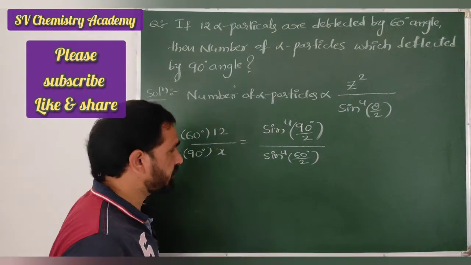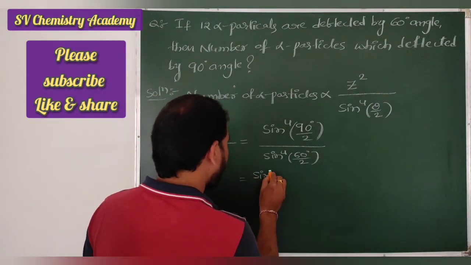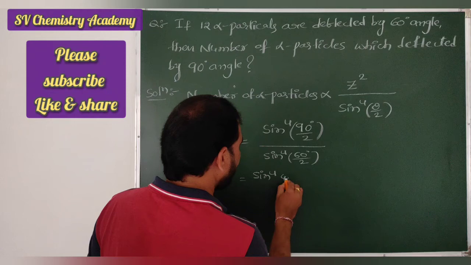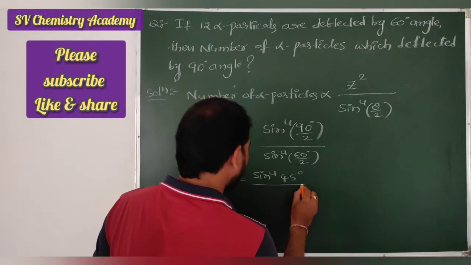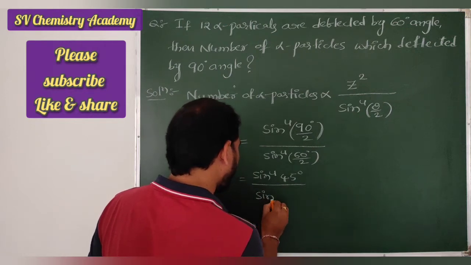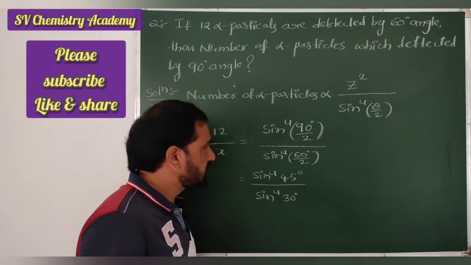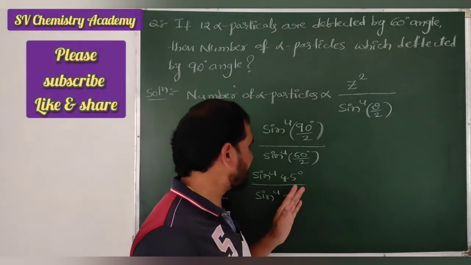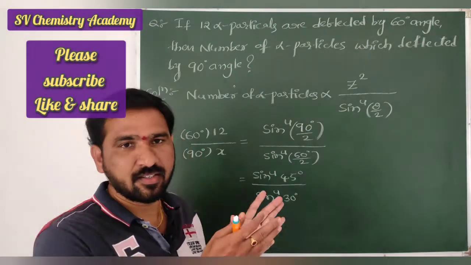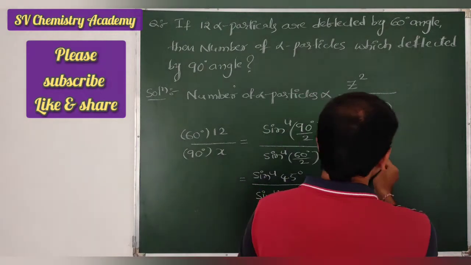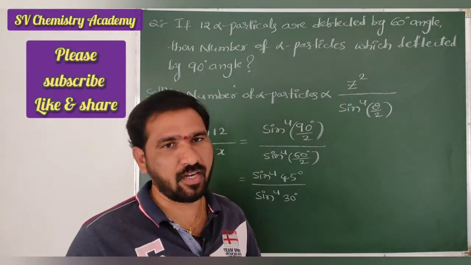Is it clear? Then here sine power 4 of 45 degrees divided by sine power 4 of 30 degrees. Sine 45, sine 30, sine 90, sine 0 degrees, how will we get the values of them? So let me give one simple tricky point about the sine values.